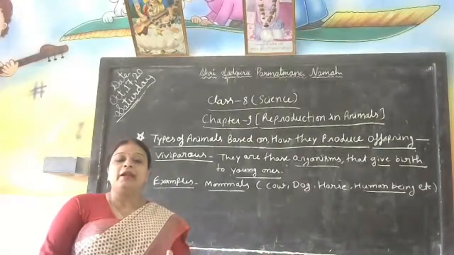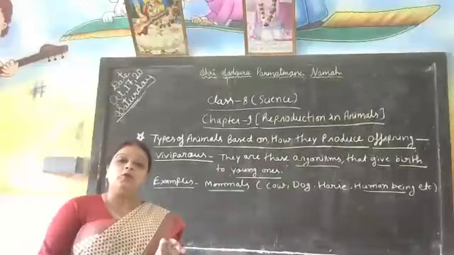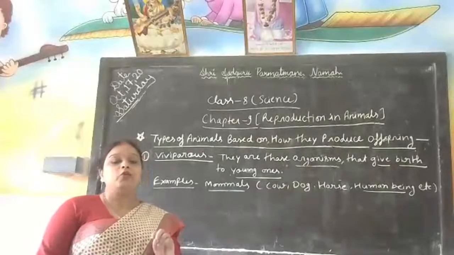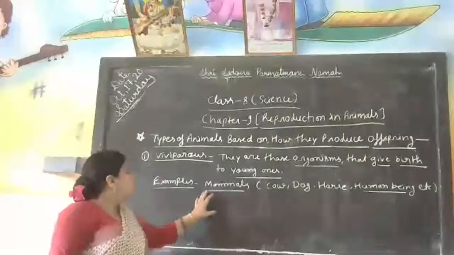Mammary glands means they feed their offspring. तो ये अपने ऑफस्प्रिंग को फीड कराते हैं.